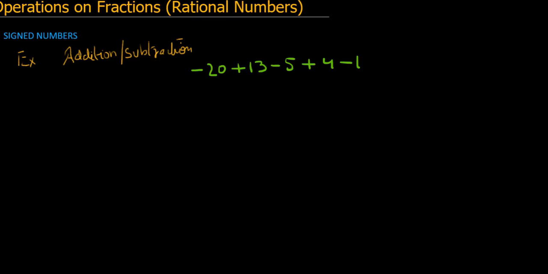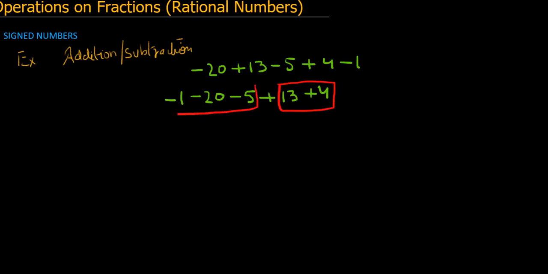This is case 3, few positive, few negative. The first step is not necessary, but you can do it: put all negative together, minus 20, minus 5, minus 1, which is also negative, and put all positive together. It doesn't matter in which order you put these numbers.